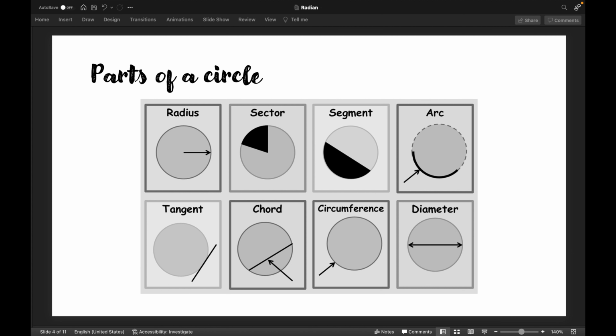But if the angle is greater than 180, that means it's the major arc. So this would be the minor arc, and this would be the major arc. And the circumference is the outer part of the circle.